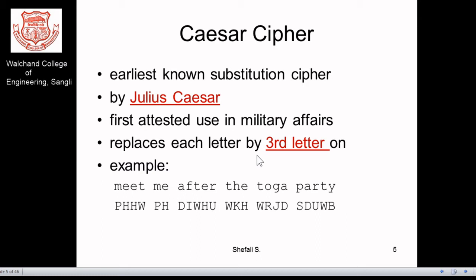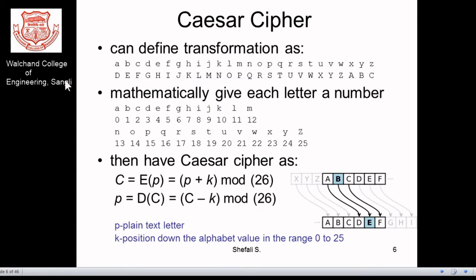So A is converted to A+3, that is D. For example, if M is the letter, M+3 gives P. E goes to H because it's a +3 shift. You can find that both E's have the same cipher because you have a fixed rule for changing the letters.